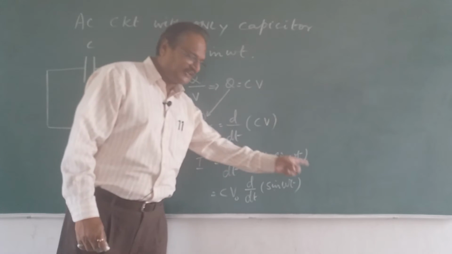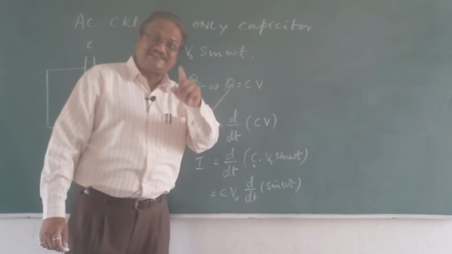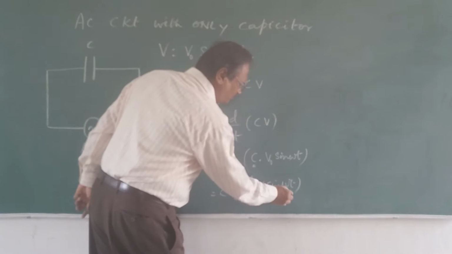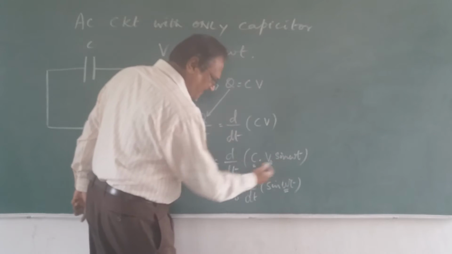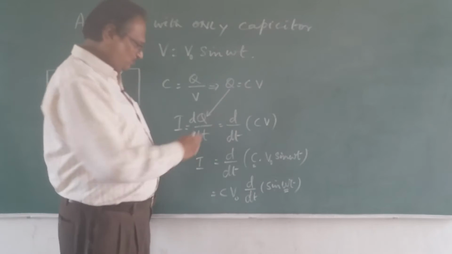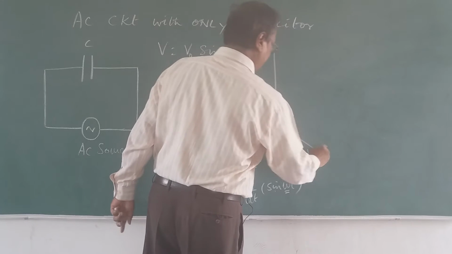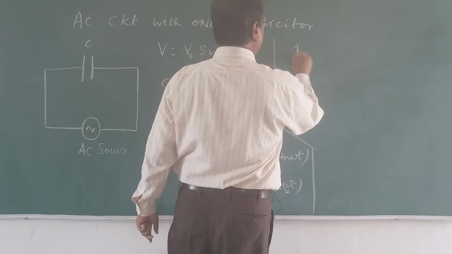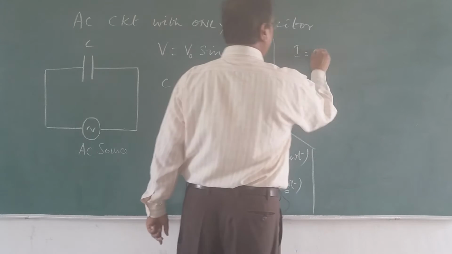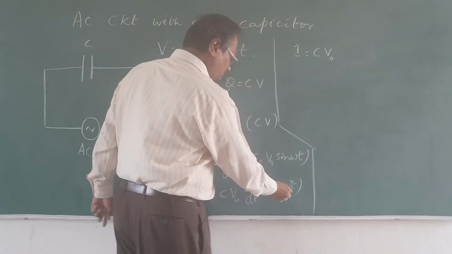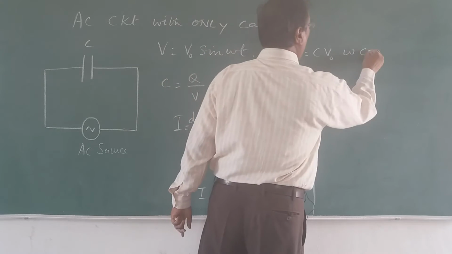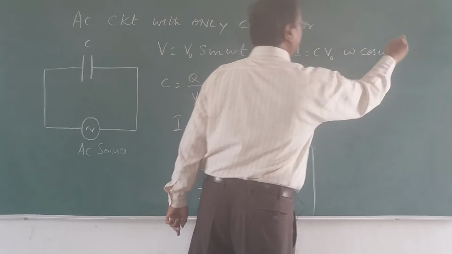Here the constant coefficient is omega, so omega will come in the front. You just watch what I am doing here, nothing to worry, no big mathematics. I is equal to C V0 omega, and sine will become cos omega t.